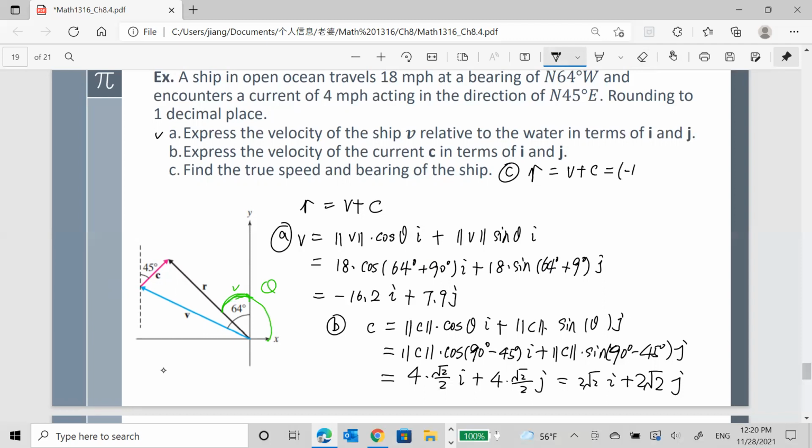That's negative 16.2 plus 2 square root 2 I, and then plus the J part, positive 7.9 plus 2 square root 2 J. So simplify this one.